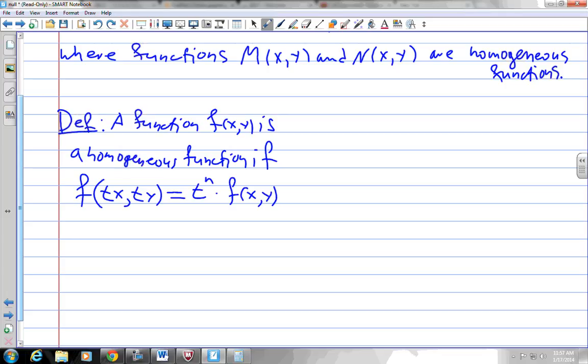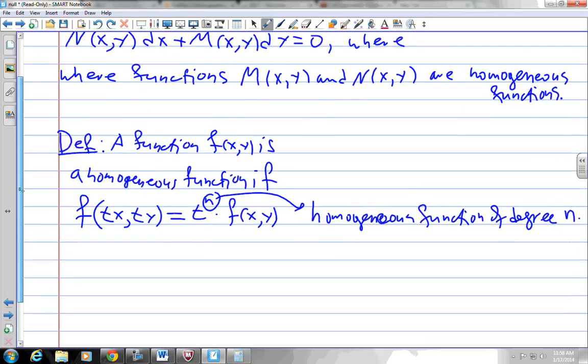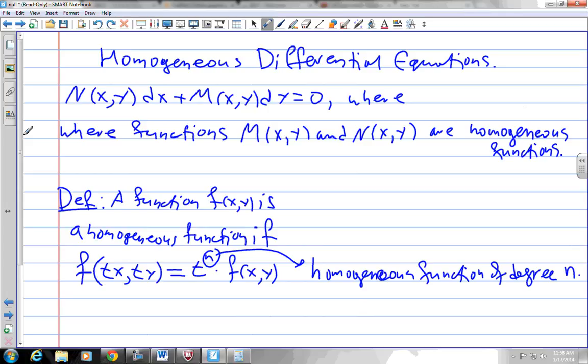If that happens, whatever the power of t that pops out would be the degree of this homogeneous function. So this would be of degree n. If both your functions satisfy that, then this little trick that we did works. You replace y with vx, and then you see what happens.